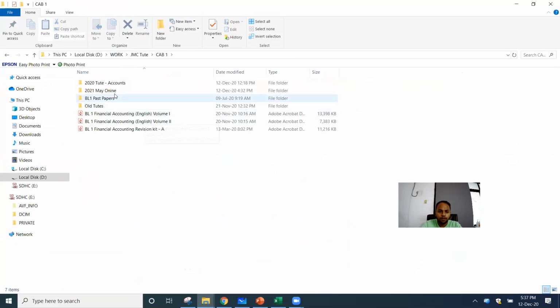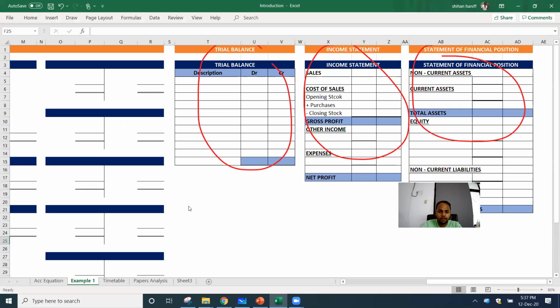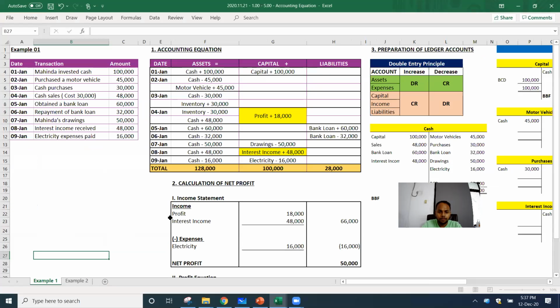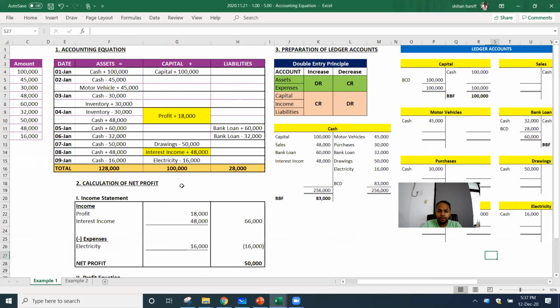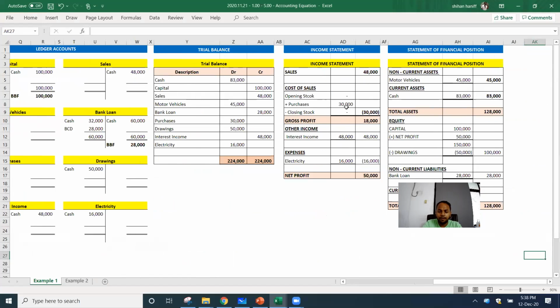Let me show one transaction. Right, so this is a question, the same question. We can complete the entire process, right?